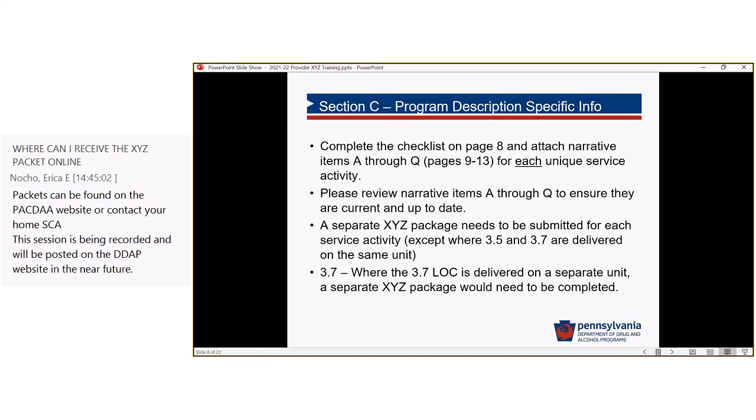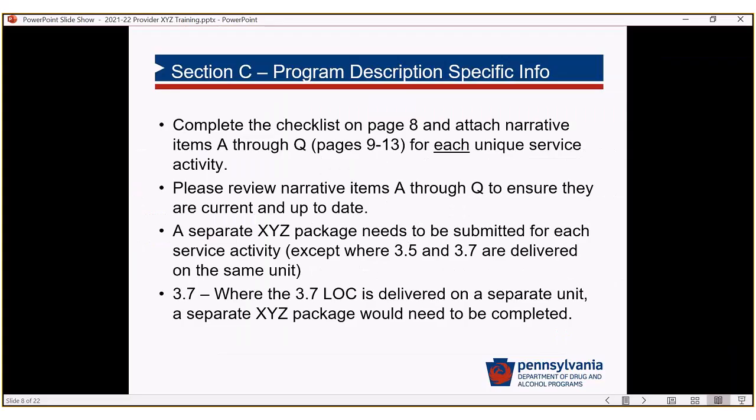Section C starts out with a checklist on page 8, where you're going to indicate the service for which you're requesting a rate. And we have medically monitored intensive inpatient services for adults and for adolescents. We have clinically managed high intensity residential services, which is that 3.5 for adults.